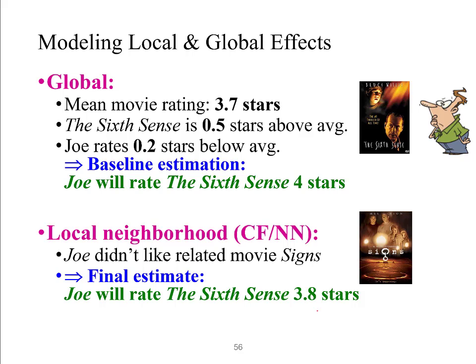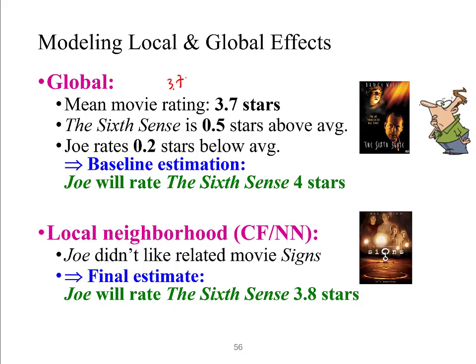So the idea of global effects, let's use an example. For example, if the mean movie rating is 3.7 stars, and given a movie, for example, The Sixth Sense, say it is 0.5 stars above the average. And if we also know the user, Joe, who rates 0.2 stars below the average, we can make our guess.